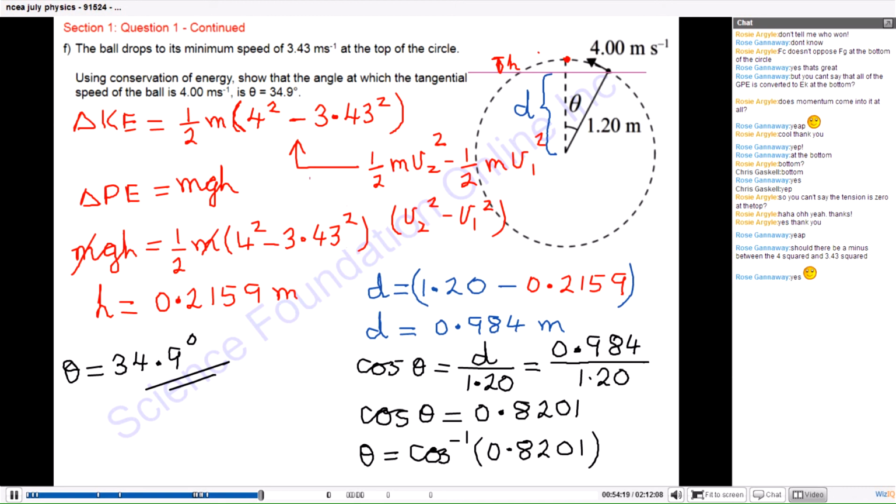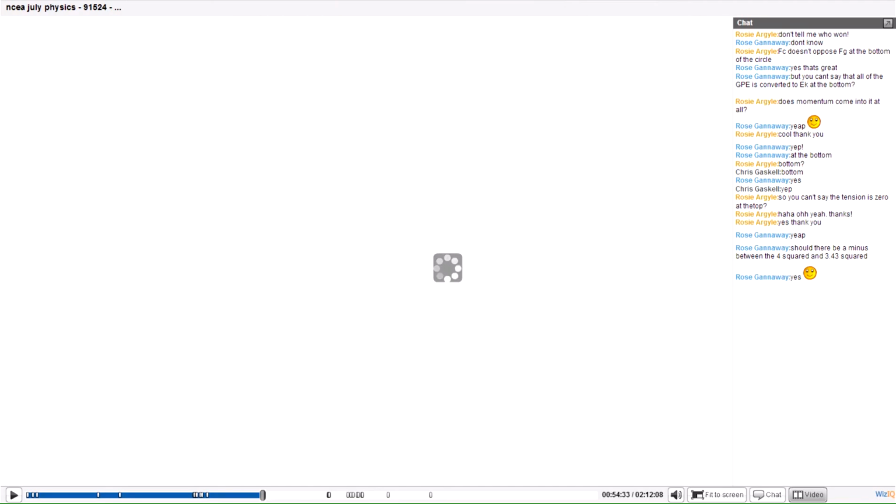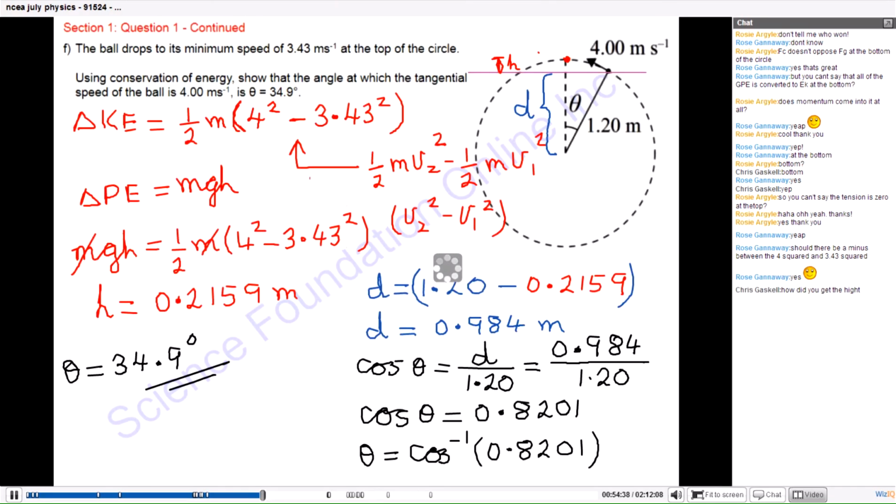Chris is typing something. And somebody else is as well. Here, what do we have? The height.